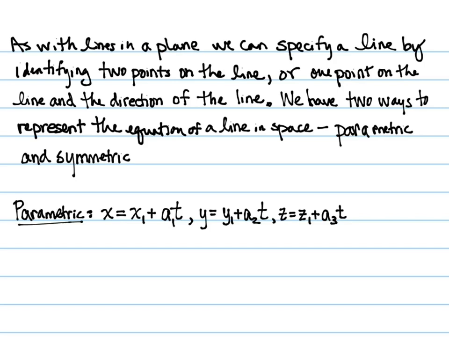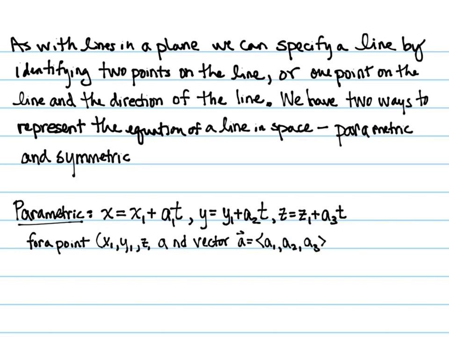And this is for a point x1, y1, z1, and the direction is a vector A, which I'm calling A1, A2, A3. So we have a point in this form, and we have a direction, namely a vector.